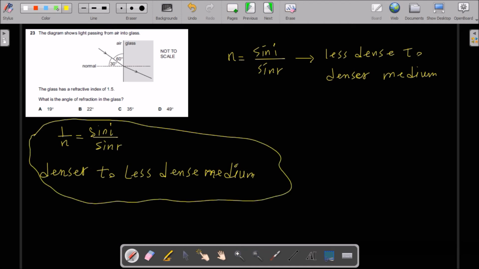But in this question, as you can see, it is from a less dense to a denser medium. That's why you should use n equals sin i over sin r. So n is 1.5.